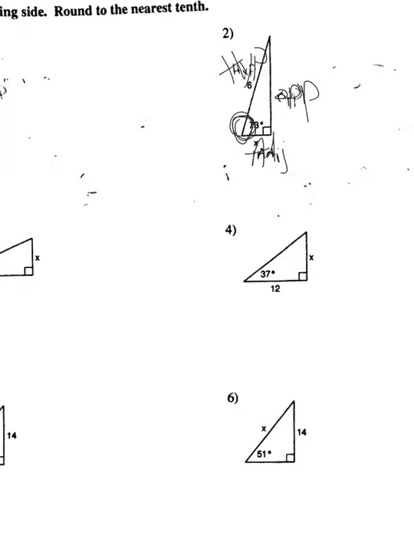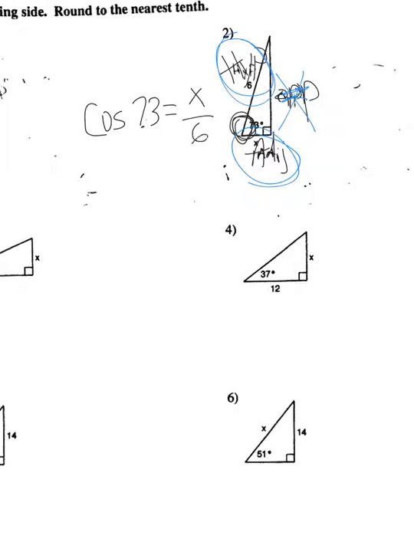So again, what's important? Where is the variable we're looking for? X, that's the adjacent side. Where is there an actual side length? 6, the hypotenuse. Notice the opposite side has no value, so we don't use it, right? It's adjacent over hypotenuse. Adjacent over hypotenuse is still cosine, so this is going to be cosine 73 equals the adjacent x over the hypotenuse 6.